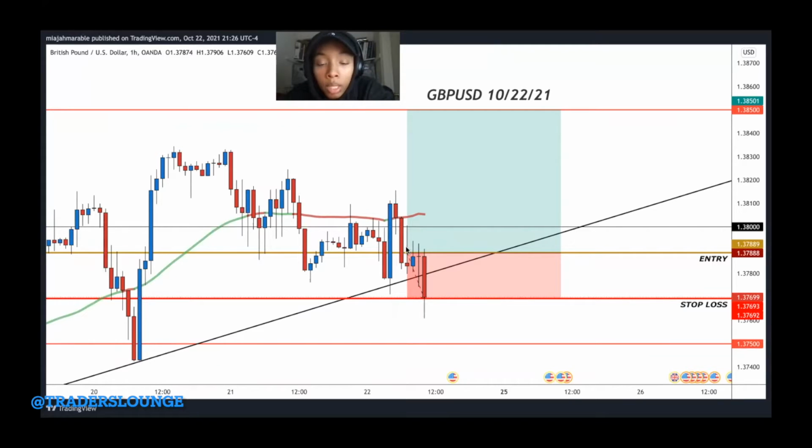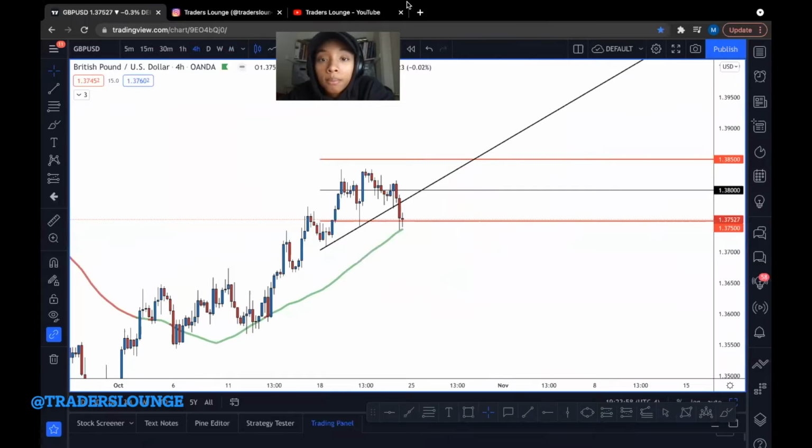But price broke the 8 EMA, retested, and I got in, going up for a buy up to the structure level. My stop loss was below price action right here, but price ended up breaking the 8, retesting, and once it broke, it stopped me out. Price retested the 8, came down, and went to this area right here. So we got stopped out, took an L on that one, but it's all good.